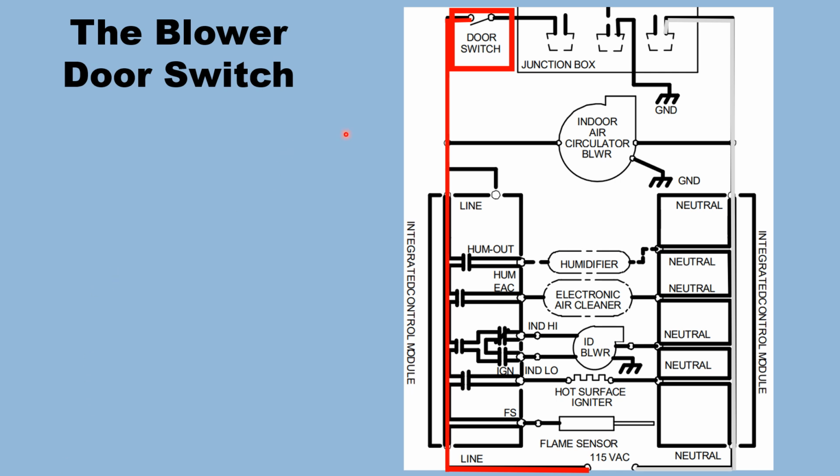Now, the reason I put this here, I just want to show you that here's our door switch. The power comes down from there, and it goes all the way to the transformer. And you have all these legs of it that come off it, and that's why it's called a parallel circuit, because all of these are in parallel.